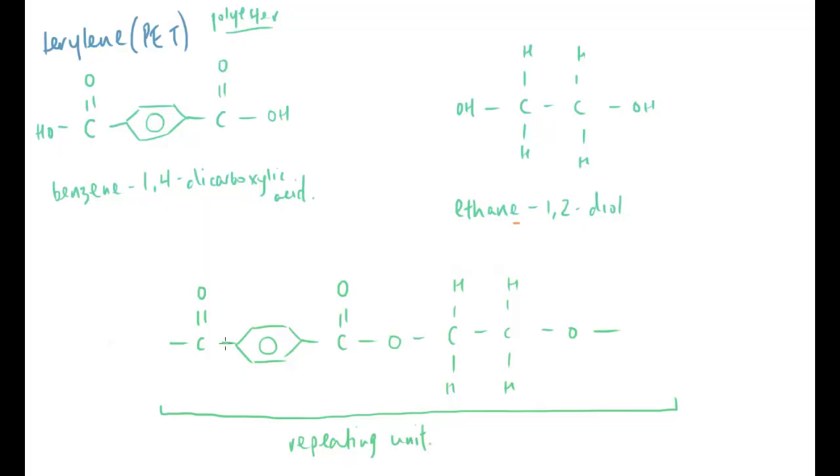The repeating unit is the entire thing from the carbonyl group right through to O, and obviously the trailing bonds as well. So as I said, this is terylene, plus water, of course. You're expected to know this, and it's a polyester, and the reactants here are benzene-1,4-dicarboxylic acid and ethane-1,2-diol. That is very important.